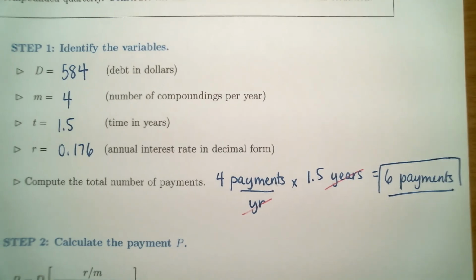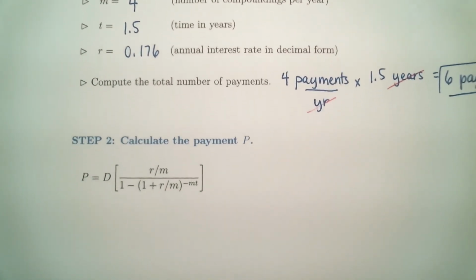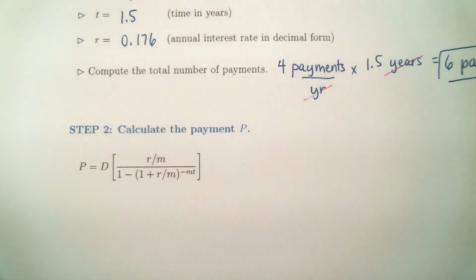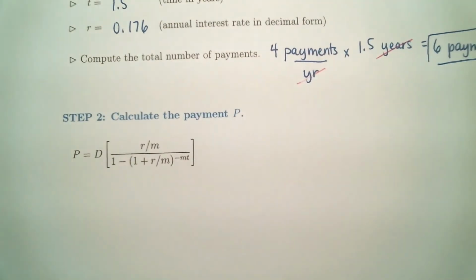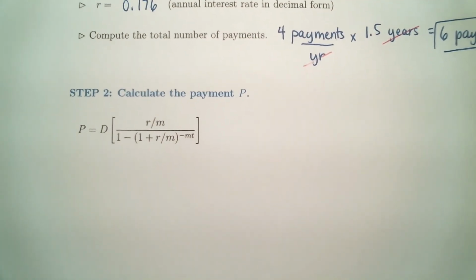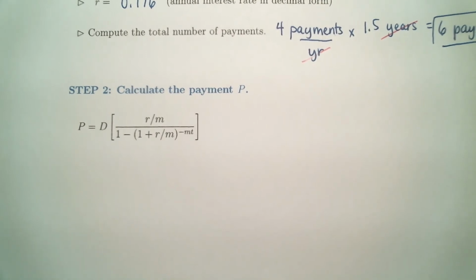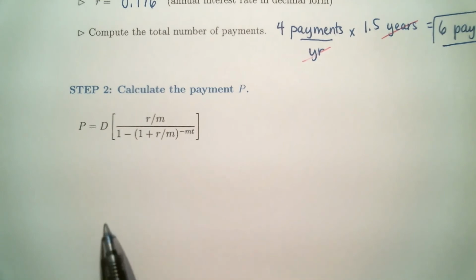All right, so we've got our variables, we know the number of payments, and now we're going to go ahead and calculate the payment. Remember, this is going to be a quarterly payment. We know all of our variables, so we're going to plug them in and solve for the quarterly payment.